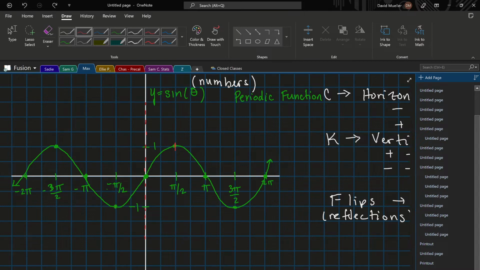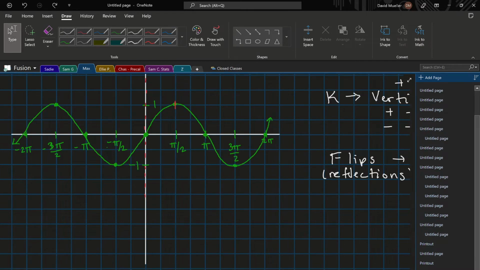So this brings us to a rule that you will use pretty often. It has to do with something called parity, but basically what it says is that sine of negative theta is equal to negative sine of theta, which is what we said.